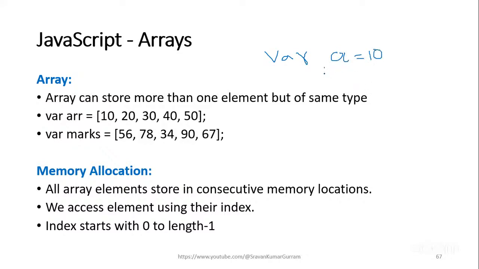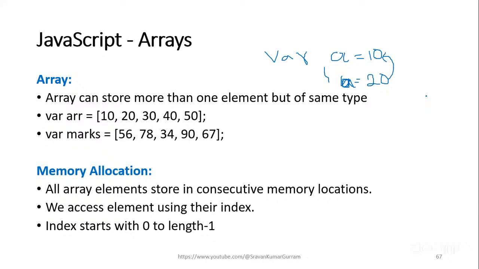After some statements, after 10 statements or 20, n number of statements, if you write a assignment 20, the existing value 10 will be overridden with the new value. Simply, 10 will be deleted, 20 will be stored in the variable a.